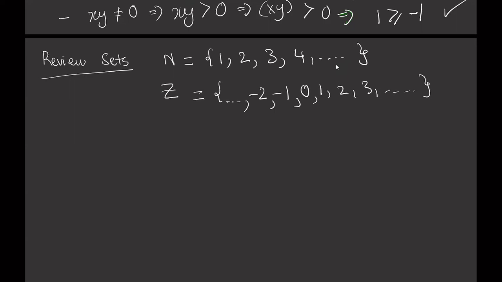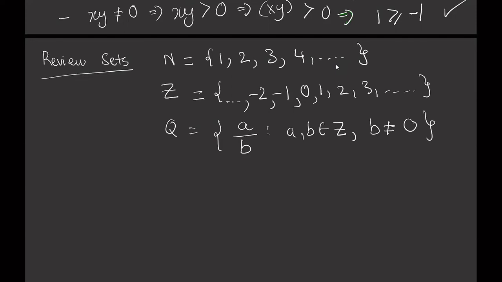Okay. So Q is the set of rational numbers, which means that a number can be represented in the form a over b, where a is an integer and b has to be different from 0 because we don't do division by 0. Okay.